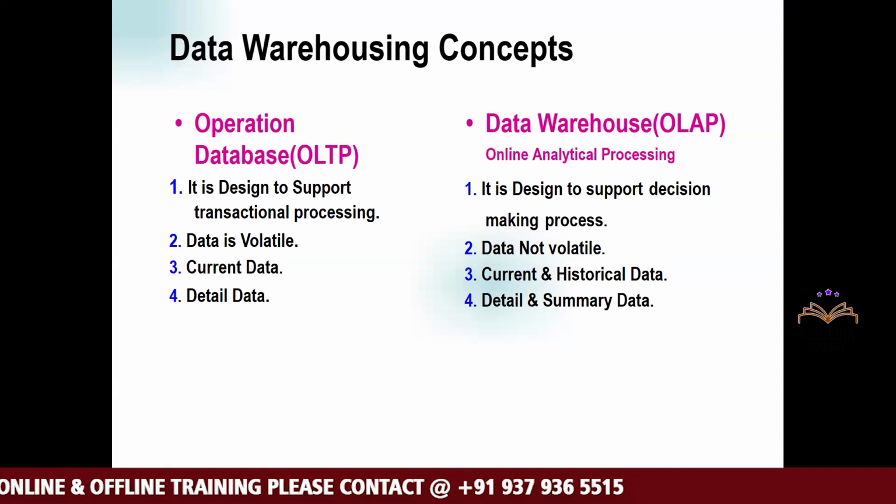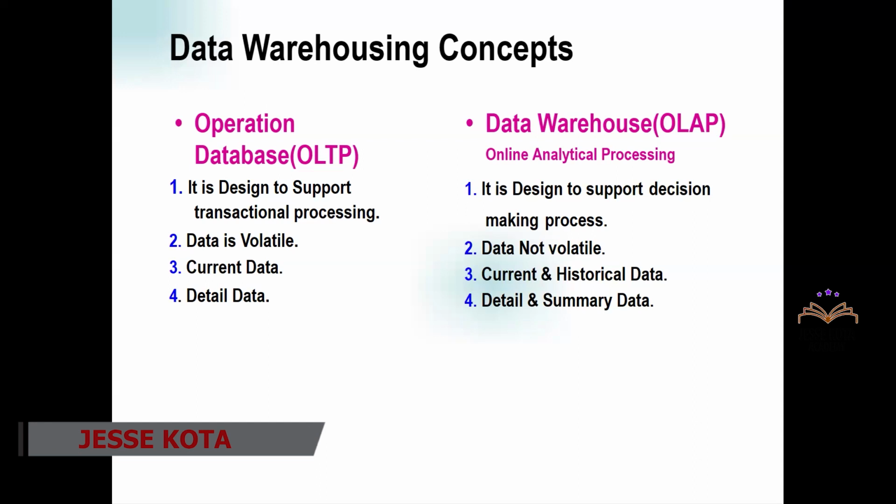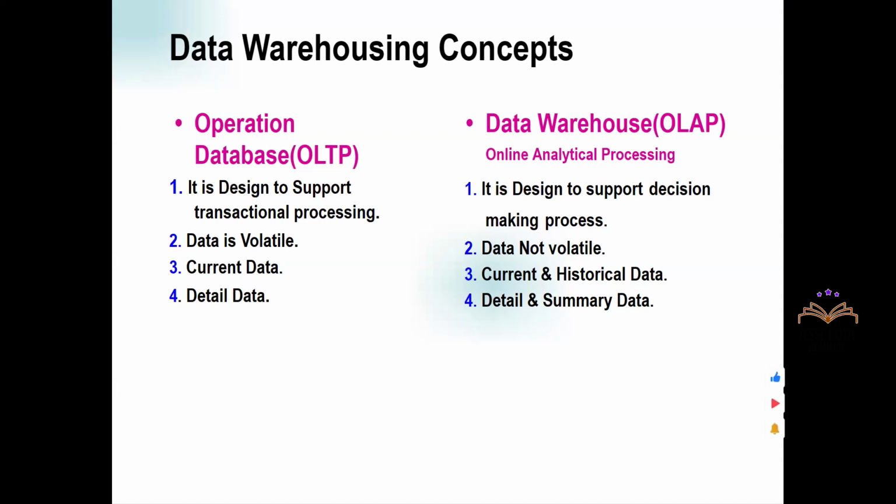MRP is different, and store selling price is different. And what is the total amount? Suppose today 100 products have been bought, and the product cost is 200 rupees. 200 into 100, that comes to 20,000.